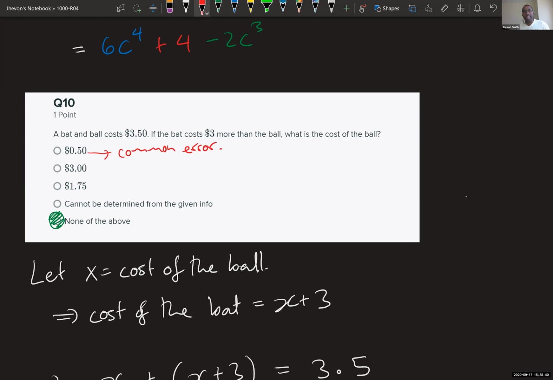A lot of people, their knee-jerk reaction is just to choose 10 cents because, oh, it's $1.10. But if you actually think about that, that would not be the correct response, because if the ball costs 10 cents and the bat costs $1 more, it means it costs $1.10, so that when you add them together, you get $1.20. So similarly here, I just changed it to 350 instead of 110, but it's a very easy error to make.